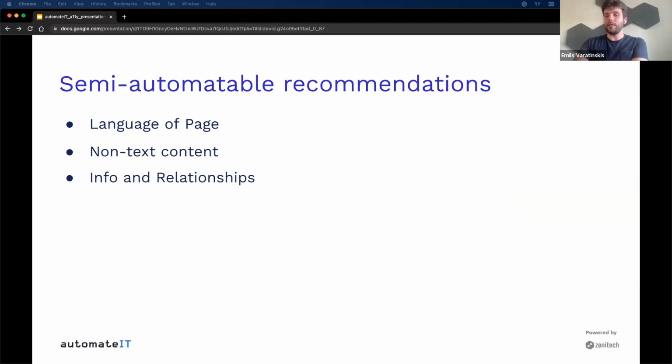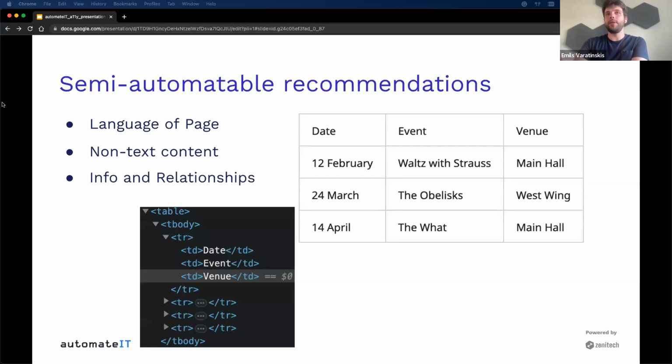Next up would be info and relationships. So information, structure, and relationships conveyed through presentation can be programmatically determined or are available in text. An issue here would be, for example, we have a table and we have these table headers.